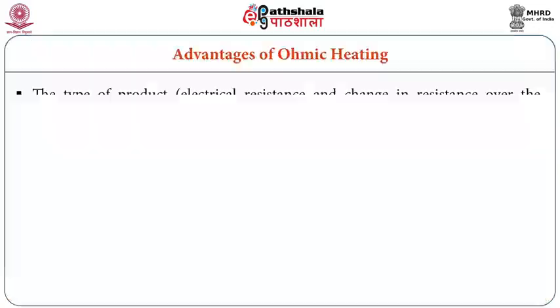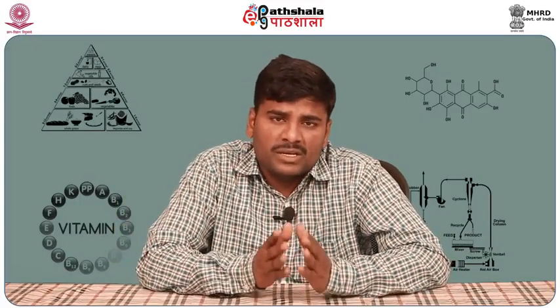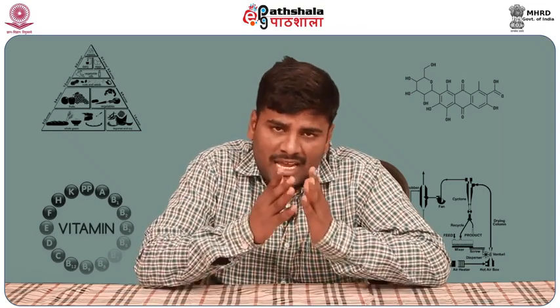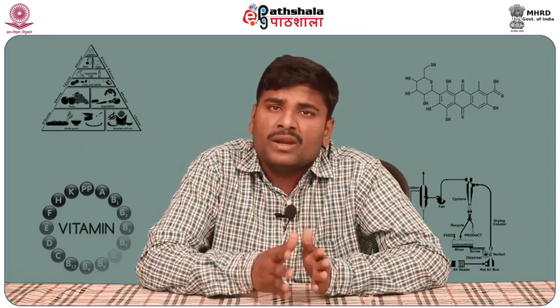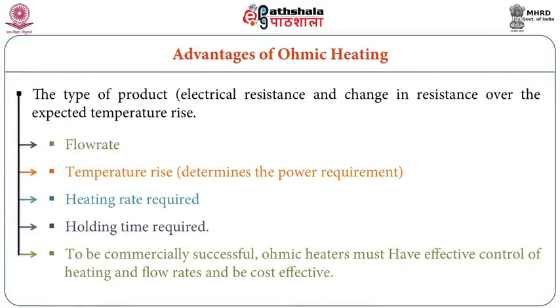A few factors we should take into consideration before applying ohmic heating to a particular food. First, we should examine the type of the product we are going to process with the ohmic heating system, and the residence time and temperature we require, whether it is 60, 70, 80 or 120 degrees Celsius. So what temperature we require, and what time duration we are holding the product at that temperature, and the product flow rate is also important.